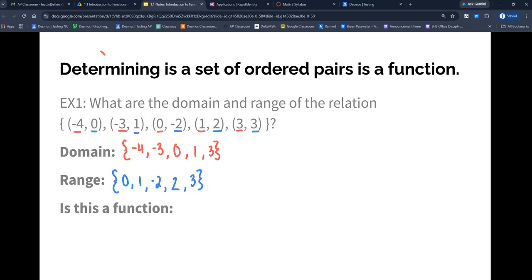So if you just ask yourself this question: do the x values repeat?